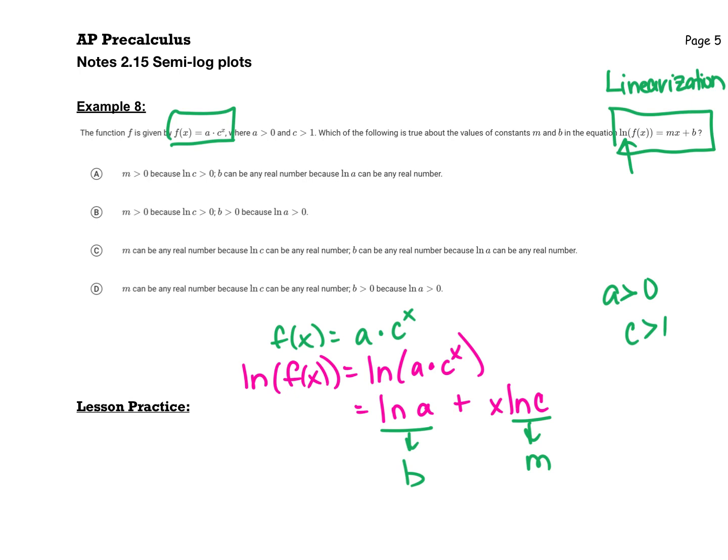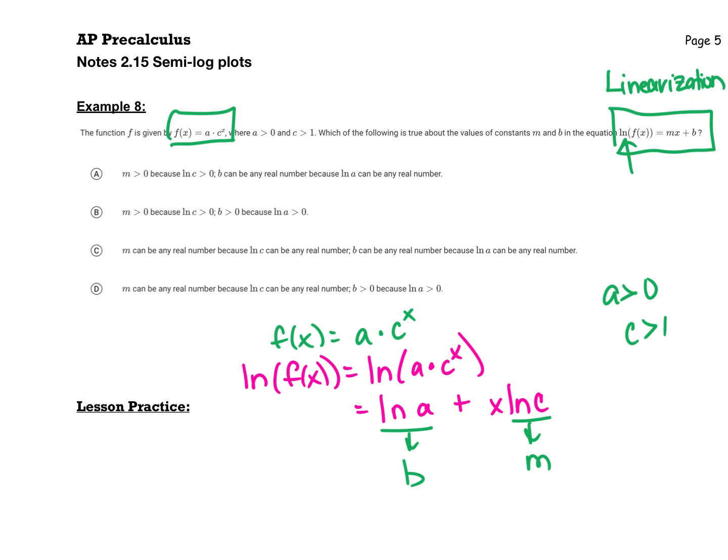All right? Do y'all think that's true? If c is greater than 1 when I started, I've got a number here that's not 1. So the ln of that number would have to be greater than 0 because the ln of 1 is 0. Okay, so that part's true. All right, and b can be any real number because ln of a can be any real number.